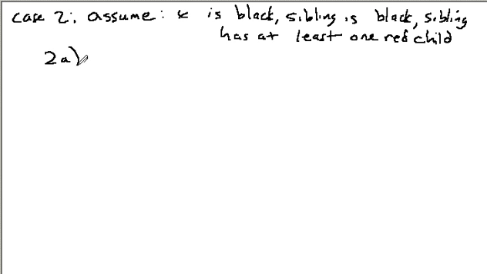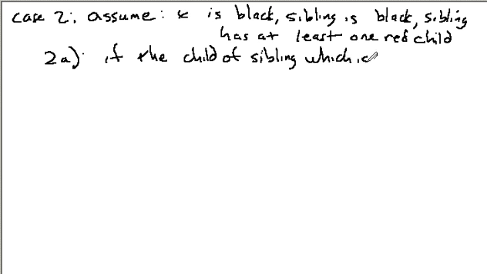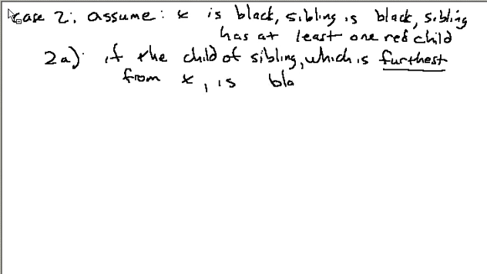So, our case 2a, if the child of the sibling which is furthest from x, is black, so that's going to be this case.